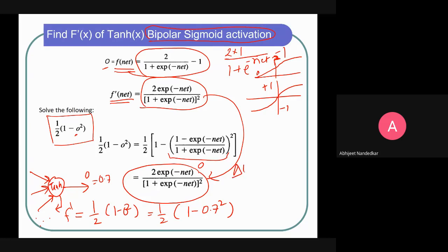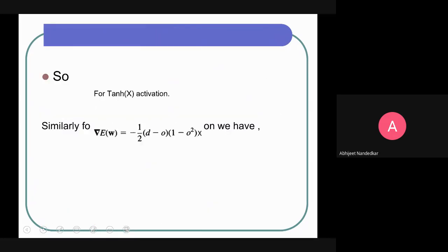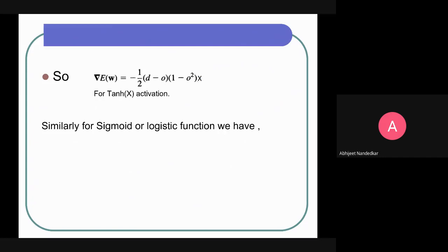And when I want to use this function as activation function, I can easily substitute in my change in weight equation the corresponding terms. So change in weight becomes very easy if I use sigmoidal or bipolar sigmoidal activation function, tanh function or logistic function.